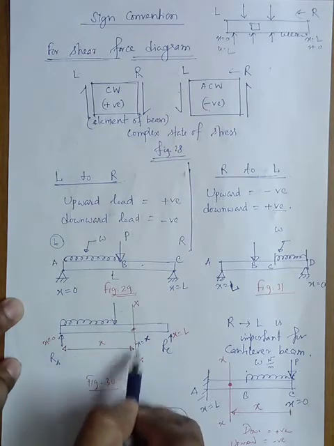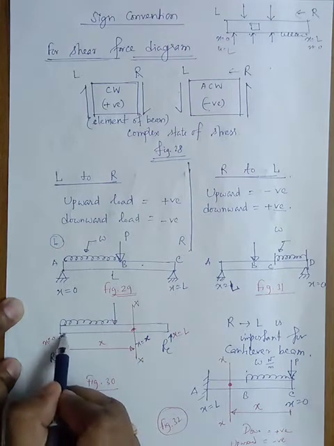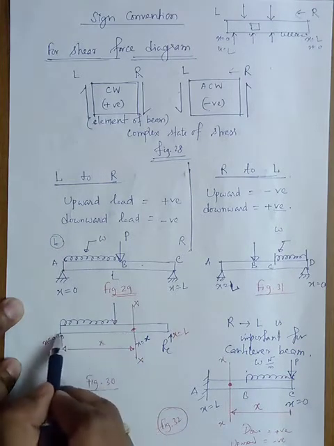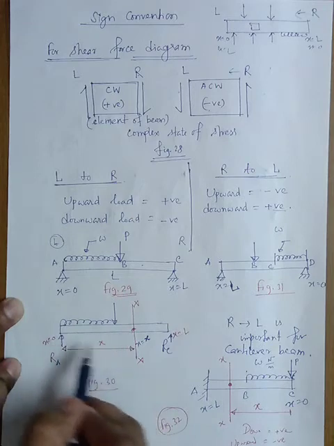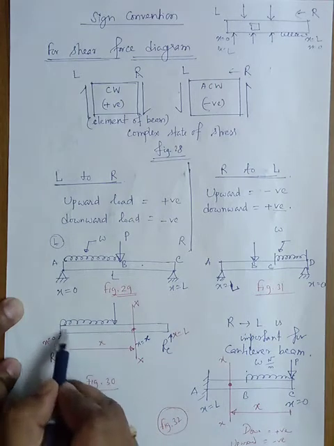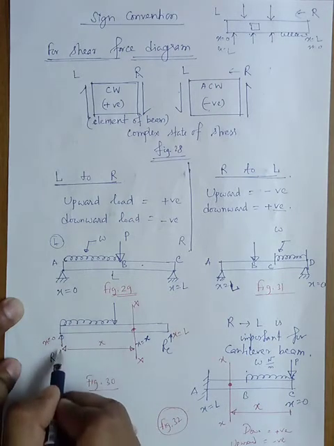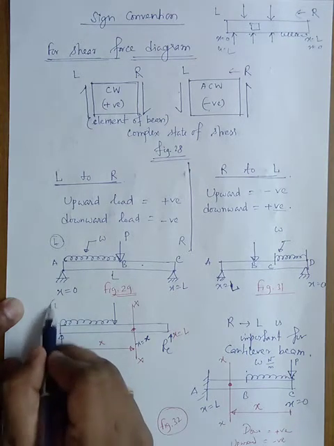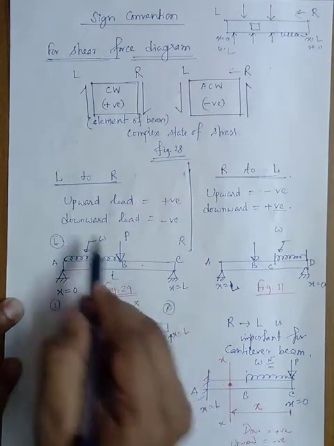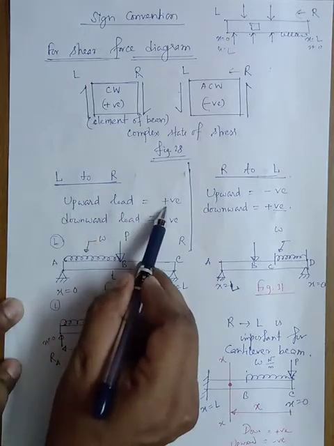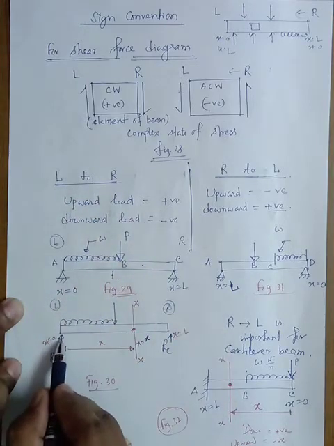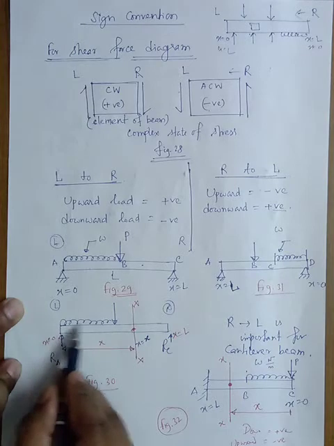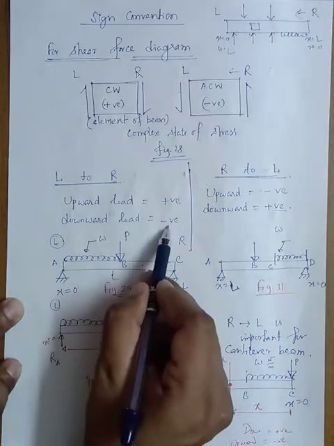Up to this section, whatever the forces, if you add up all the vertical forces, by the definition of the shear force you will get the total shear force value. From the left hand side, if you move to the right hand side, you need to consider all the upward load as positive. This is a downward load, so you need to consider it as negative.